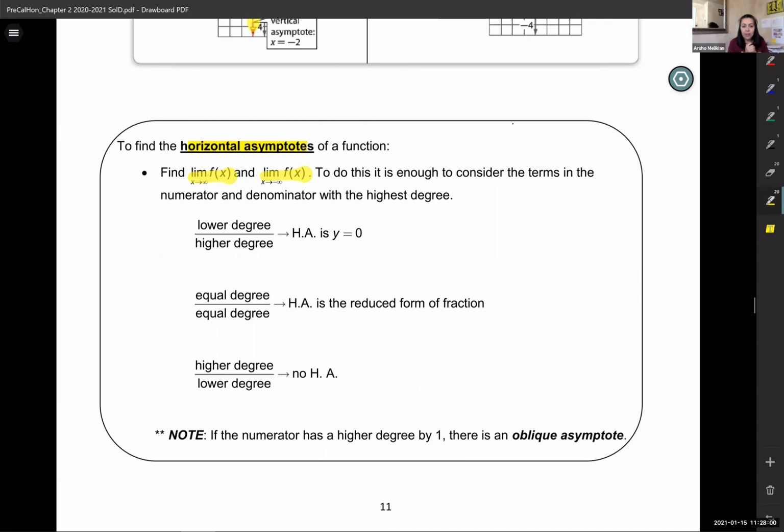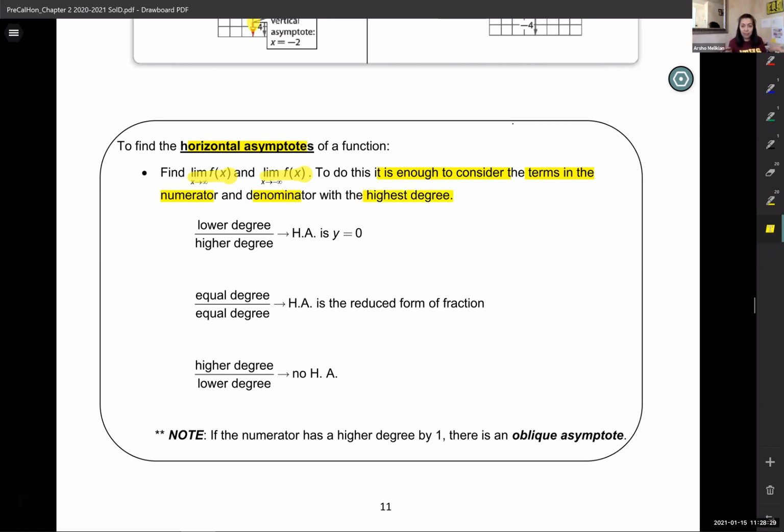The limit at infinity. And to find end behavior, what did we consider in the polynomial function? Did we look at the whole thing? No, we just looked at the term with the highest exponent, right? The leading term. That's what we're going to do here. So it is enough to consider the terms in the numerator and denominator with the highest degree.